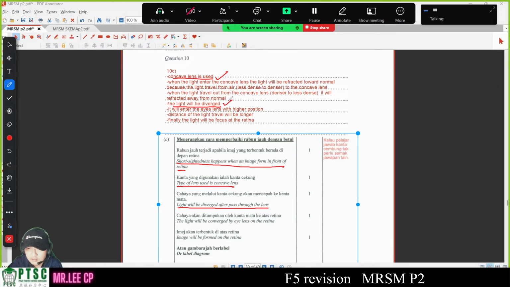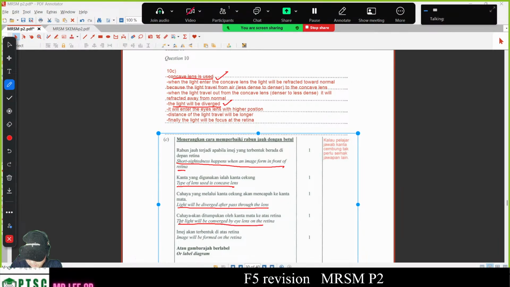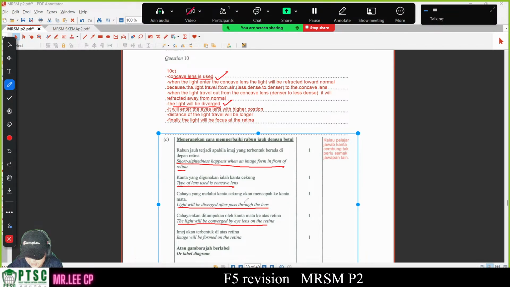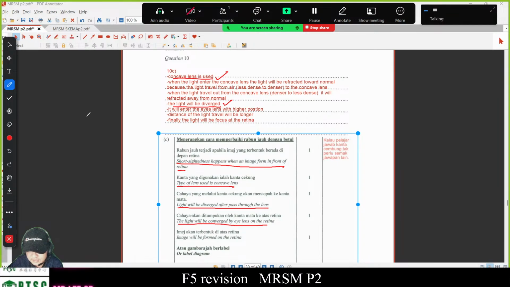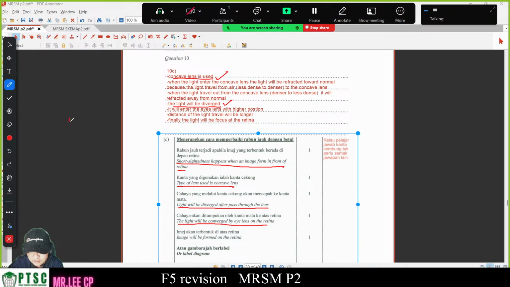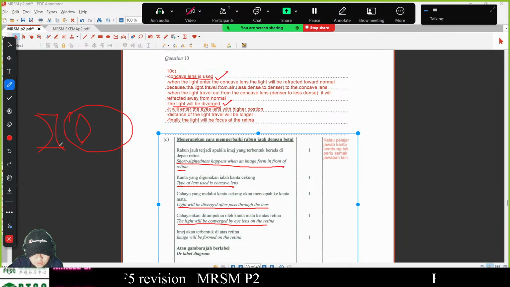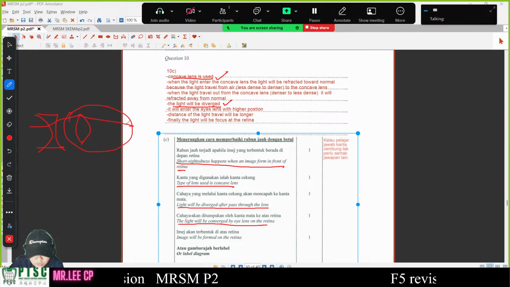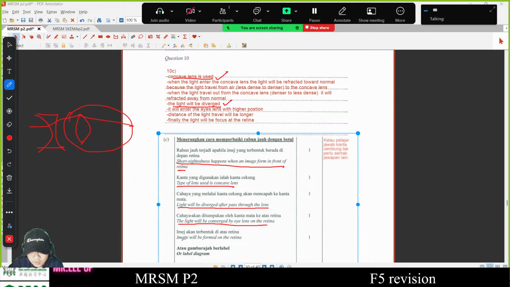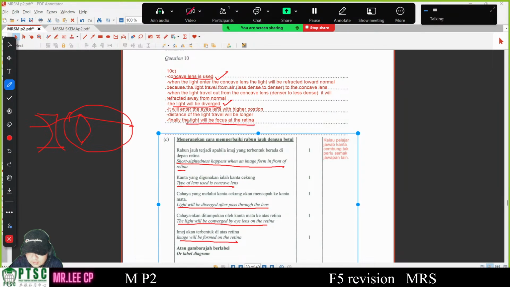After it passes through the lens, the light will be converged by the eye's lens onto the retina. Meaning that when it enters here, it will diverge upward, and this one is converge. I didn't have it. So the image will form at the retina, focused at the retina.